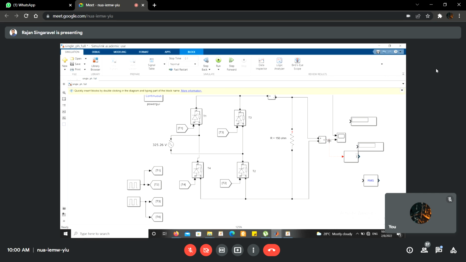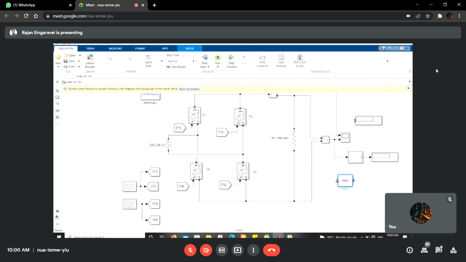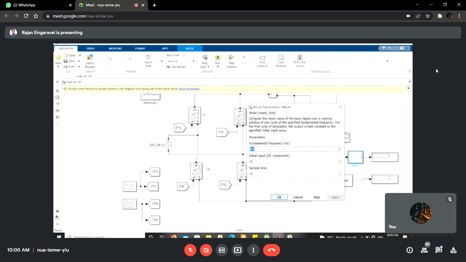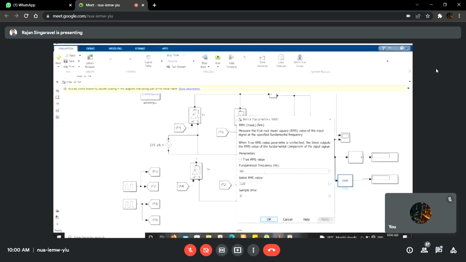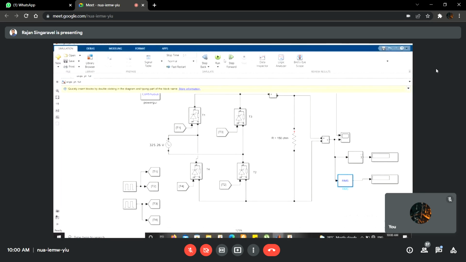For the voltage, I am measuring the average and displaying it, and for the same voltage signal, I am measuring RMS also and displaying that. Let me simulate it again so that you can see what the average value and the RMS value are here.